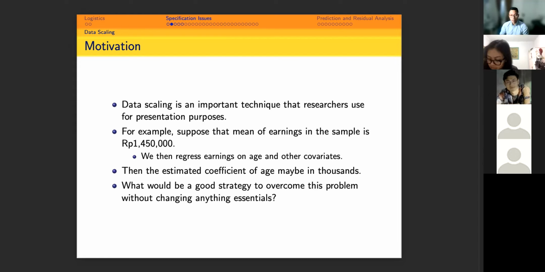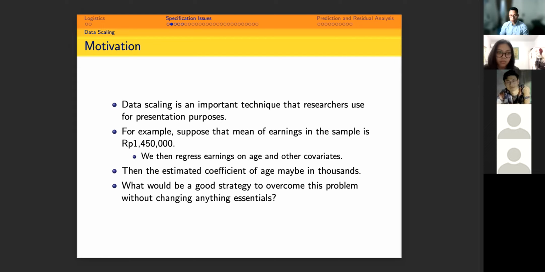It's going to be quite difficult to understand. The estimated coefficient could look so small, although it's actually economically significant. We can also have an estimated coefficient that is quite large, but not economically significant.